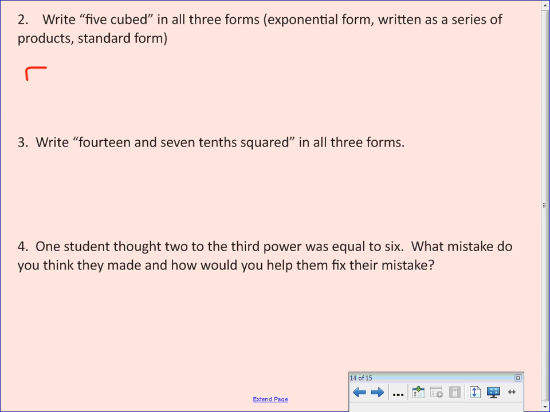So we have 5 cubed, that's in exponential form because it's written with an exponent. Written as a series of products, 5 times 5 times 5. And then standard form, 5 times 5 is 25, times 5 is 125.